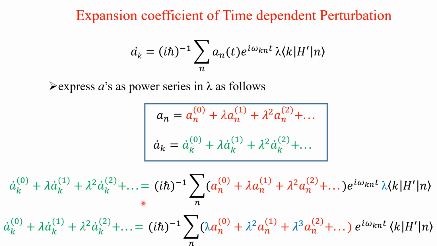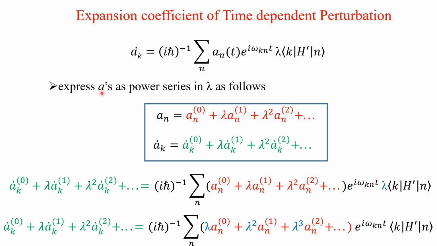So we have seen the time derivative of the expansion coefficient a_k dot, which is of course a function of time. For simplicity, a_k dot of t is equal to i h cross inverse, summation over n, a_n of t, e to the power i omega_kn t, lambda, bra k H prime ket n.